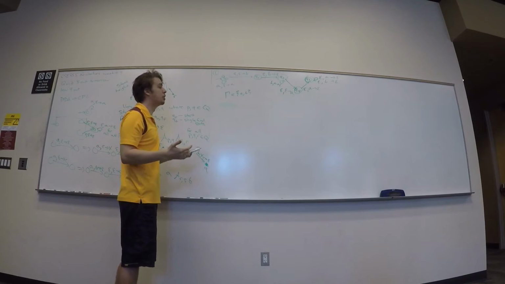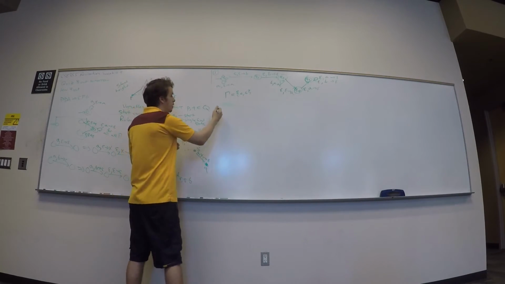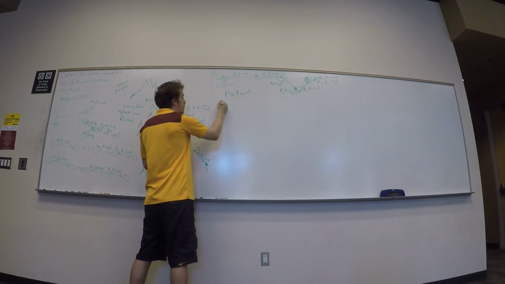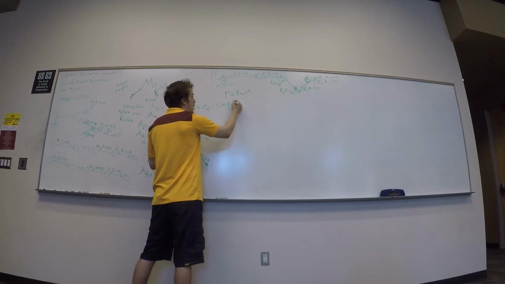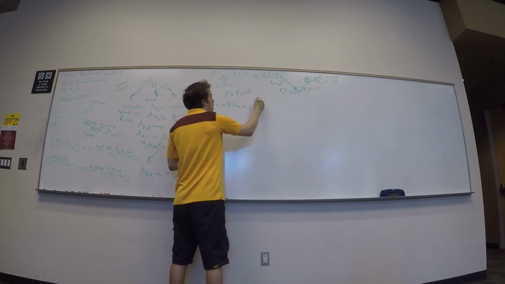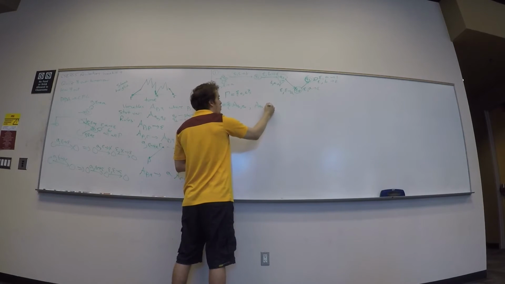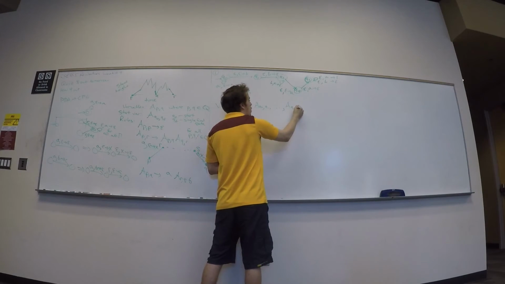Well, I have 5 here, so that means I'm going to make 25 variables. So I'm not going to write every single one out, but the variables are going to be A, Q0, Q0, A, Q0, Q1, all the way to A, Q4, Q4.